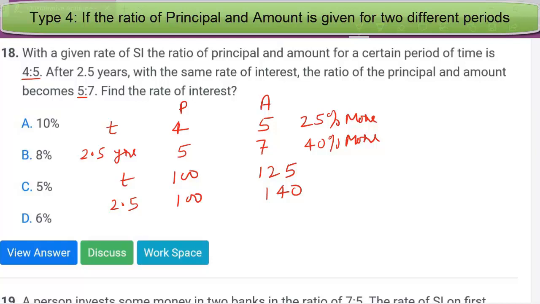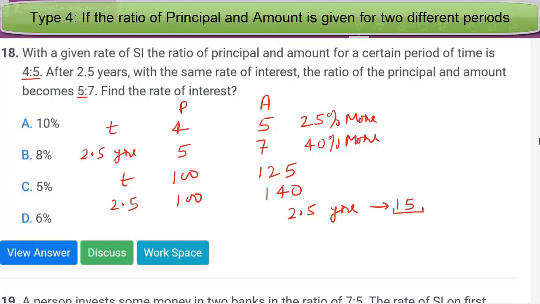So this is what is happening. Now in these 2.5 years, how much interest are you getting? 140 minus 125, that means 15. So you get 15 as simple interest in 2.5 years.